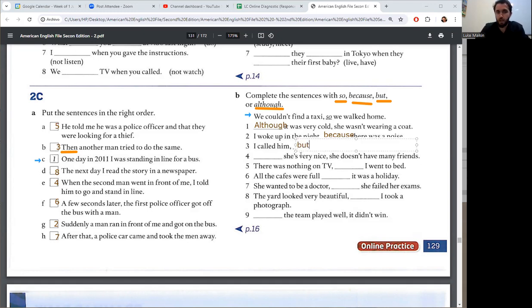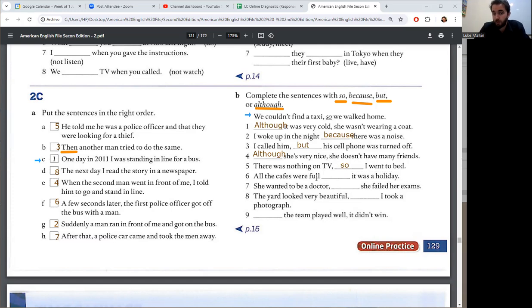Number 3, I called him, but his cell phone was turned off. There's a contrast. Number 4, although she's very nice, she doesn't have many friends. That's a contrast.